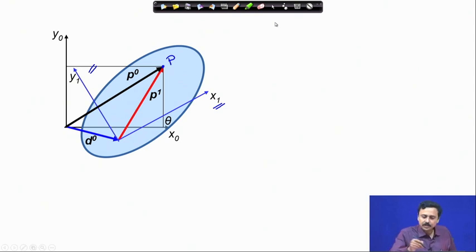Our objective is to determine the position vector P naught of the point P in frame x 0 y 0 under a general motion of the body.